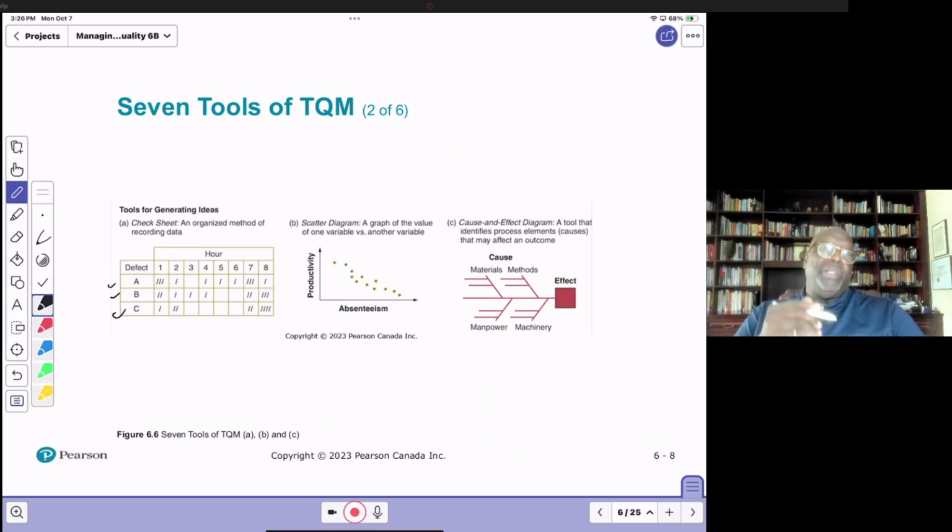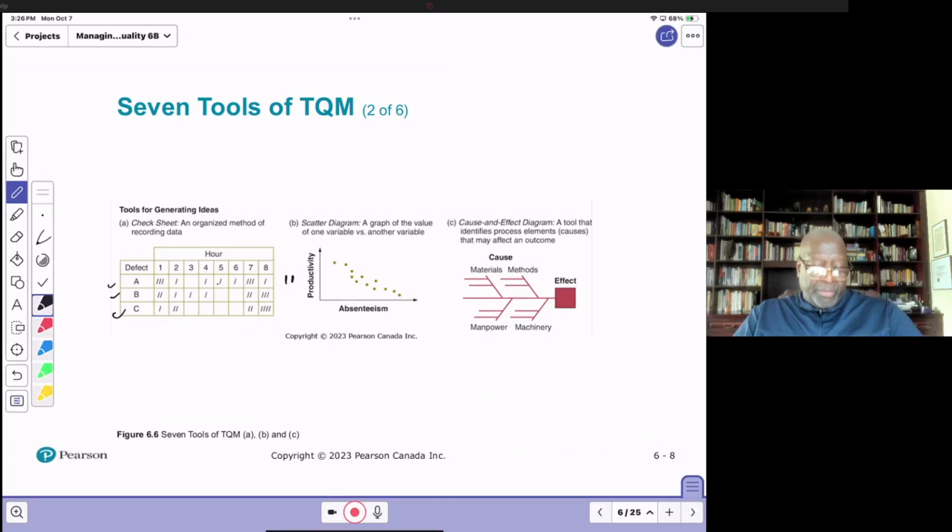We could actually take the values that we get and then graph them. How many defects A did we get? How many defects B did we get? How many defects C? So we would just simply add them. For example, for A, we have 4, 5, 6, 7, and then 3, 10, so you have 11.